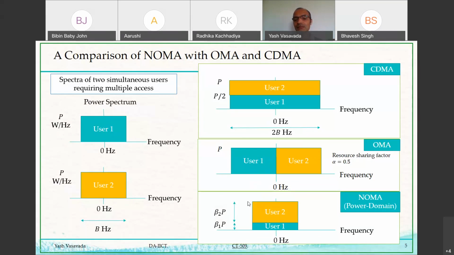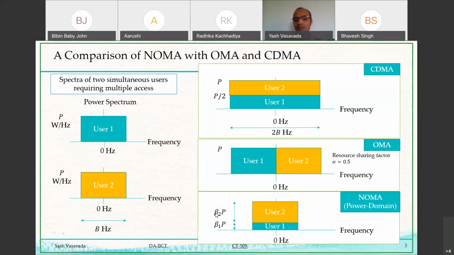But let us say that even if they are not spread, NOMA still is like CDMA in the sense that it superimposes the two user signals on top of each other, except that it allows the two user signals to occupy different power levels.